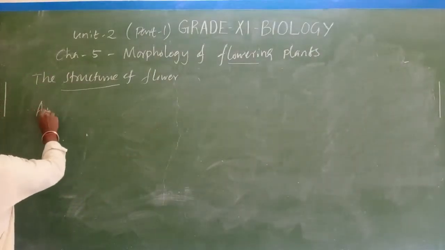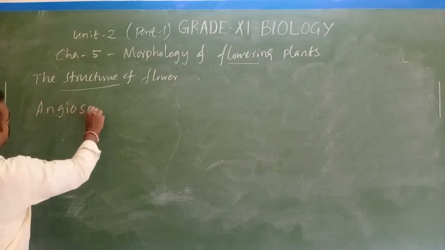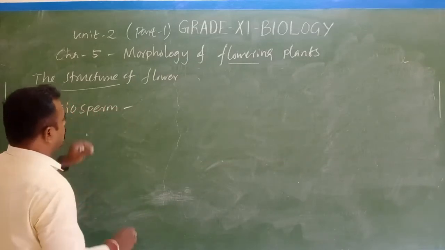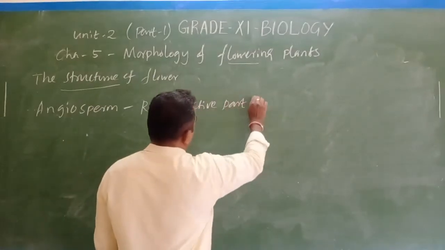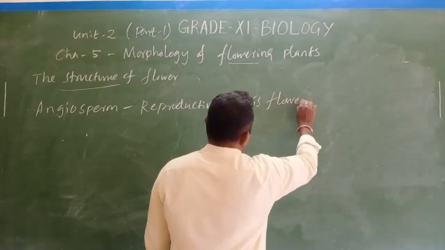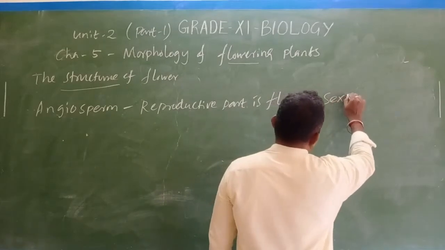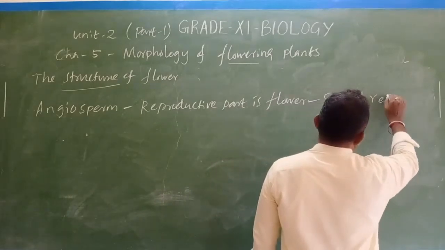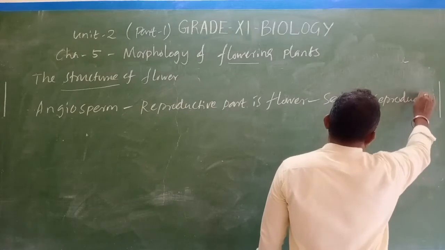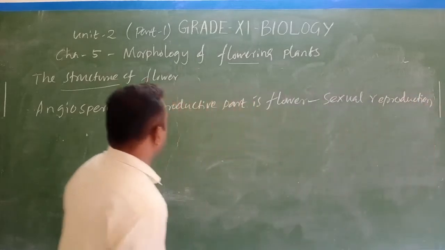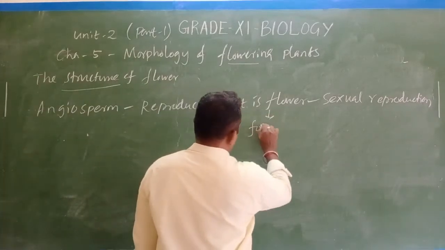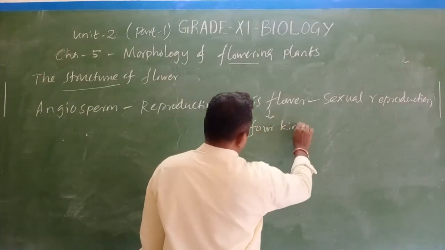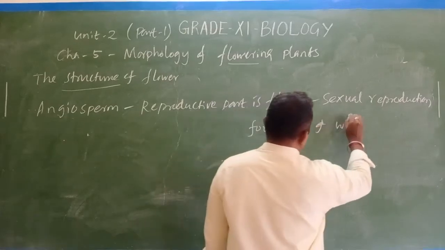In the angiosperm, the reproductive part is the flower. So that's why sexual reproduction is happening here. So in the flower, four kinds of hole are present.